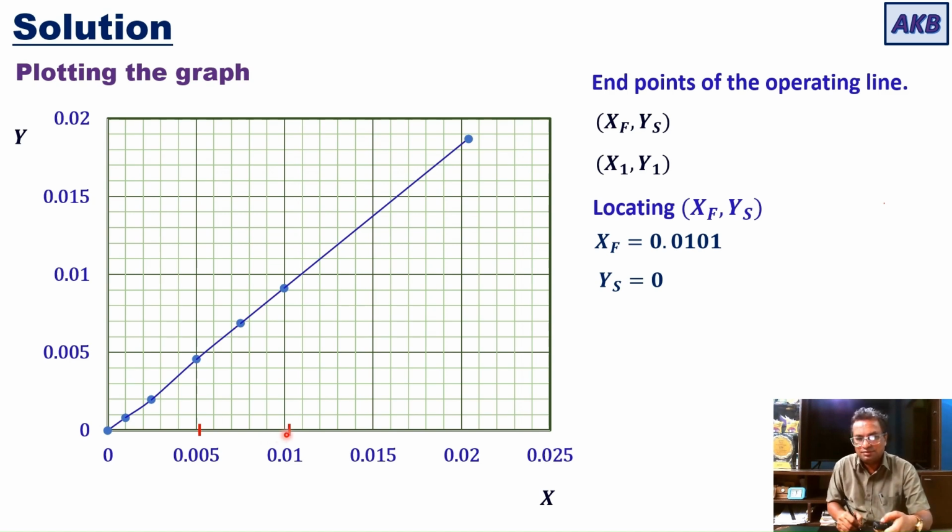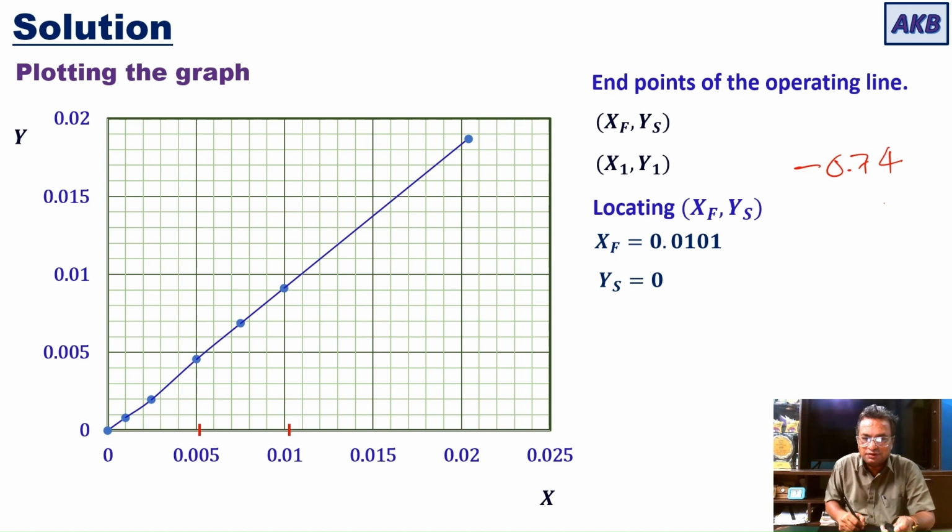Otherwise, you can plot the operating line by using the angle made by it with the horizontal. So I have traveled 1 unit. Now I have to travel a distance in the vertical direction which is equal to the slope of the operating line, and the slope is minus 0.74.